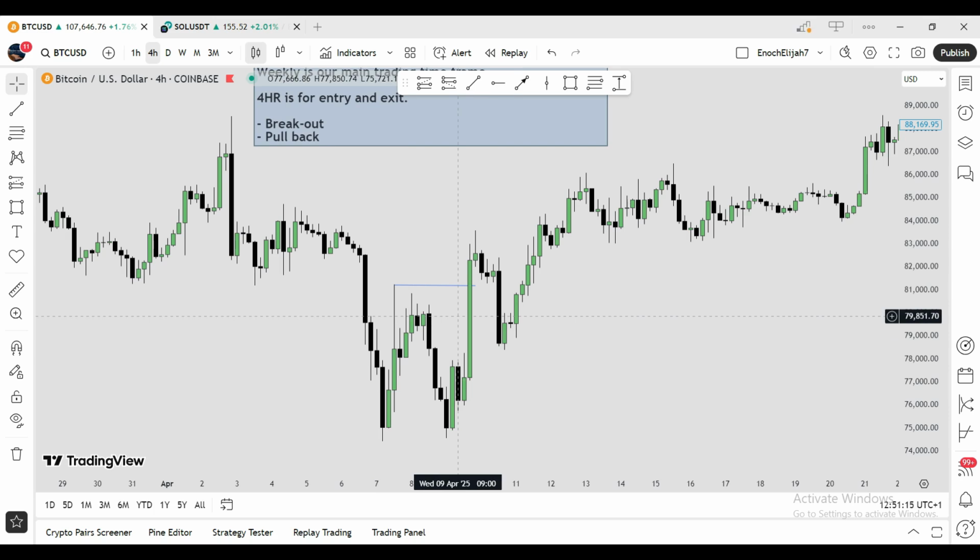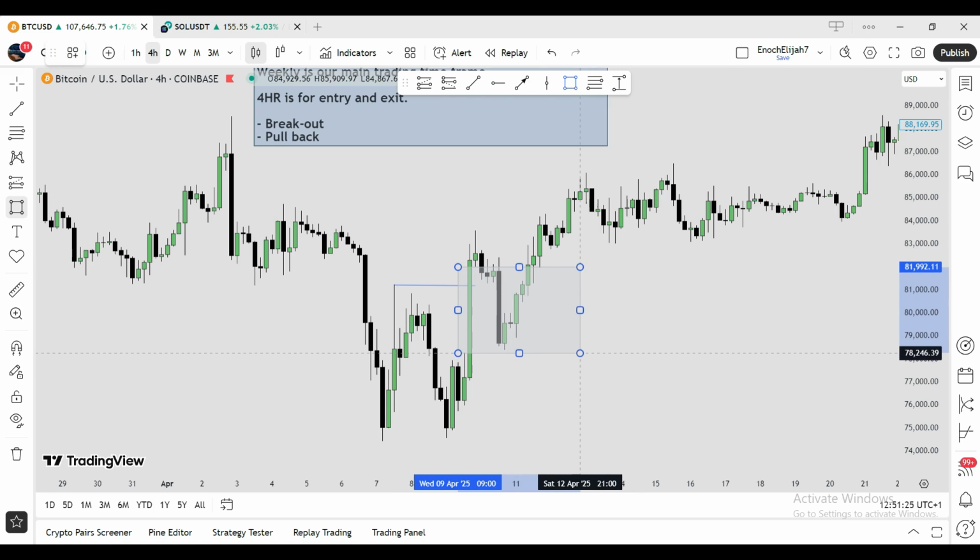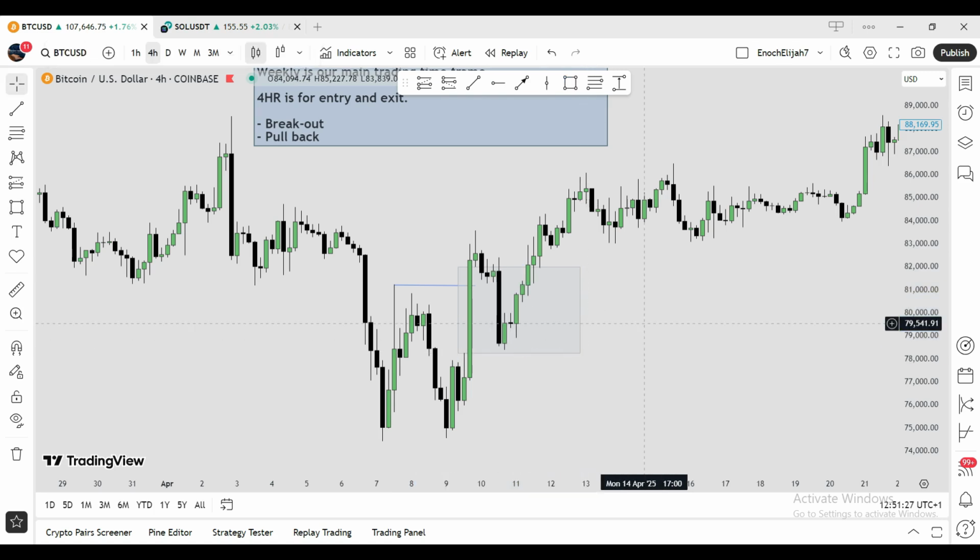Of course, once there's a breakout, I have to analyze the breakout to see, do we have imbalance inside that breakout range, and we have it here. Without imbalance, there is no entry for me. So price was retracing until here, it made a low here, and price reversed.